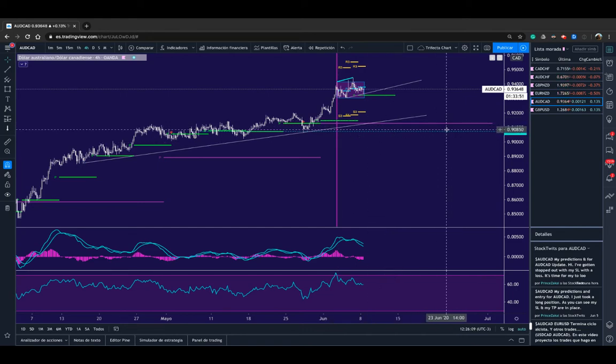If we break this trend line, we're going to expect a nice downward movement towards the May monthly pivot. And if for any reason we break this, we can expect a movement towards this weekly pivot. So a lot of nice targets and a lot of opportunity in the Australian dollar against the Canadian dollar.